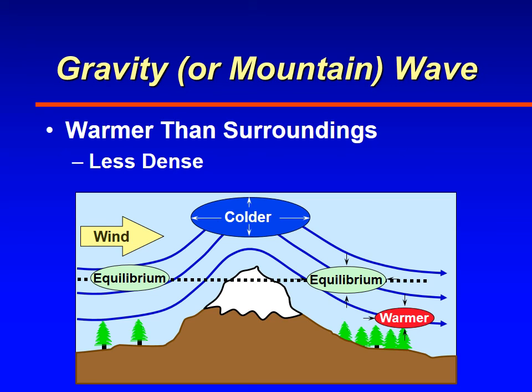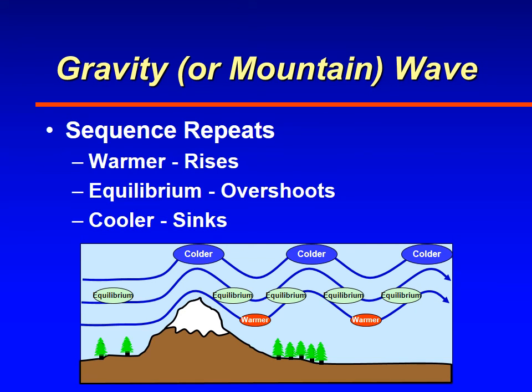And warm air is less dense, and it will rise back up to the equilibrium. And this continues on, rising and sinking, expanding and cooling, compressing and warming, until the wave is dampened.